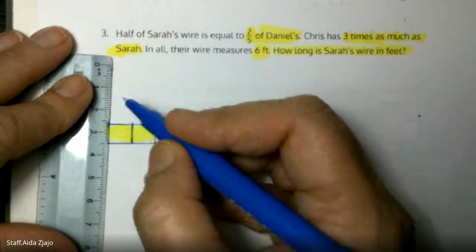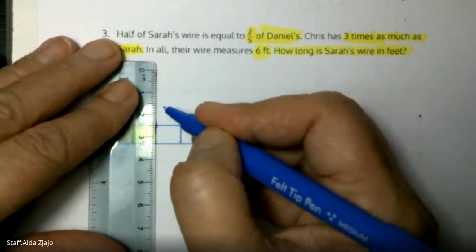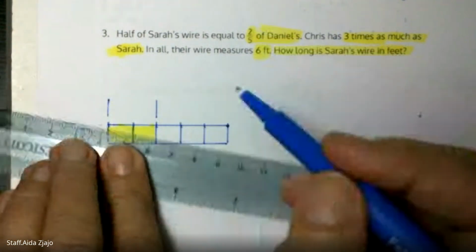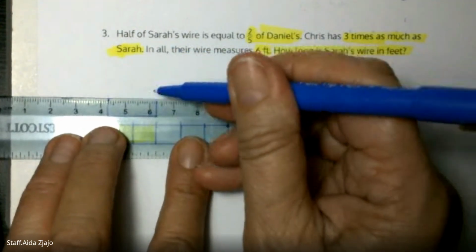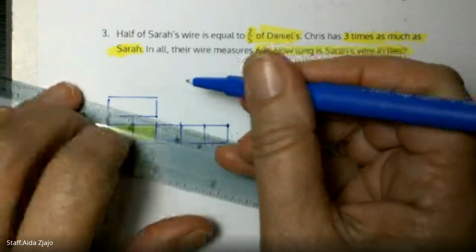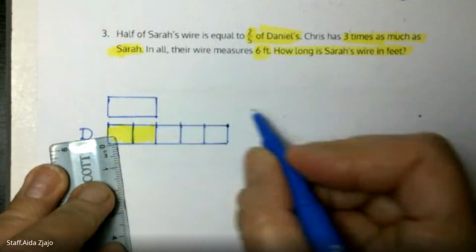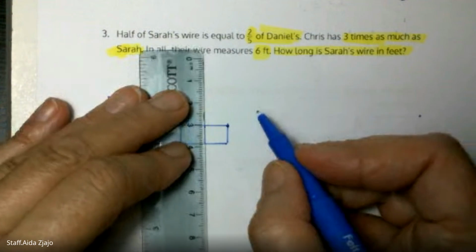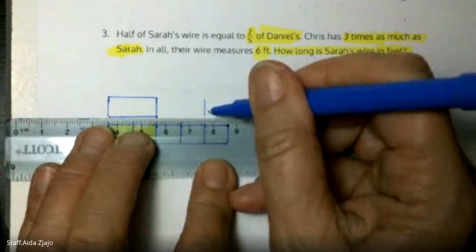So Sarah, this one is half of hers. It represents 2 pieces of Daniel's. So if this is half of Sarah, she needs one more half. So she would be a 4.